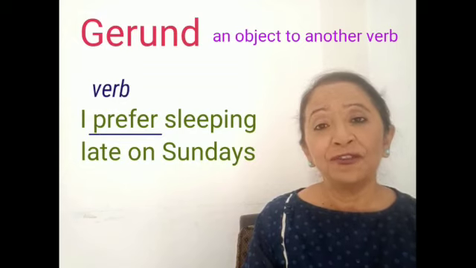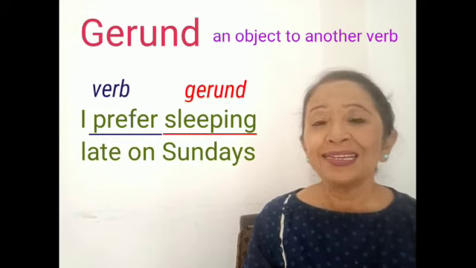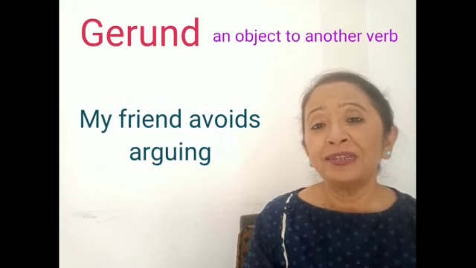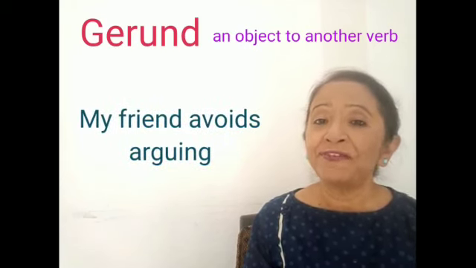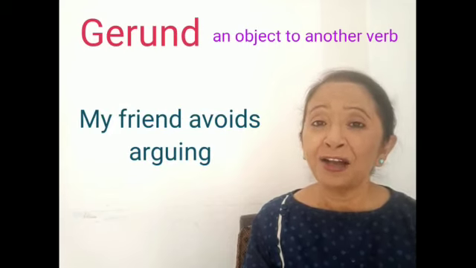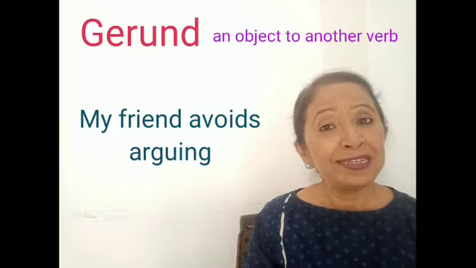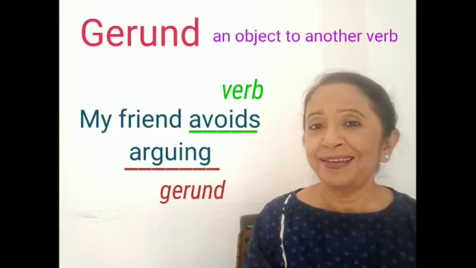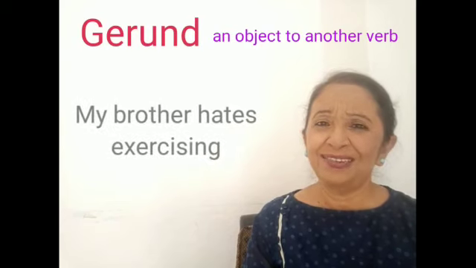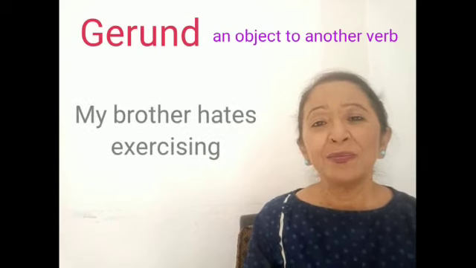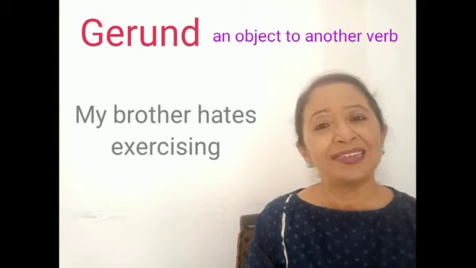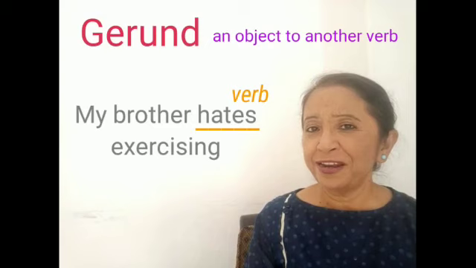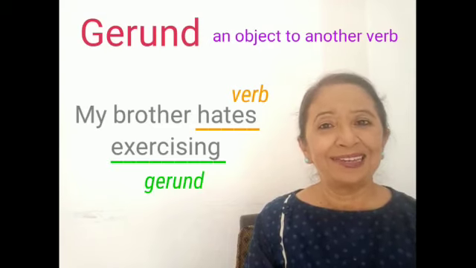Prefer is the verb and it's followed by sleeping. My friend avoids arguing. Avoids is the verb followed by a gerund, arguing. My brother hates exercising. Hates is the verb followed by the gerund, exercising.